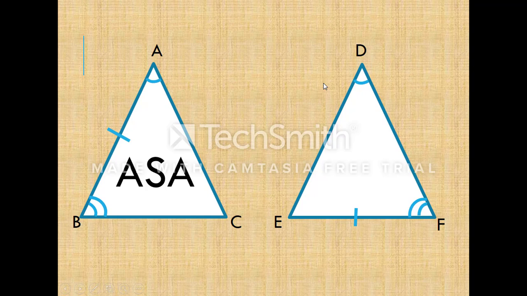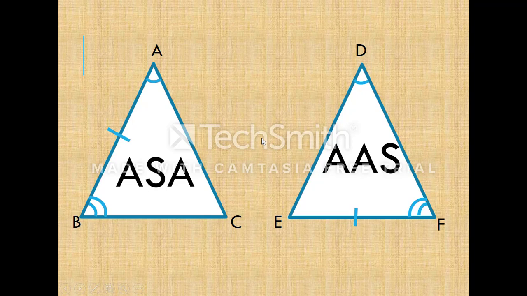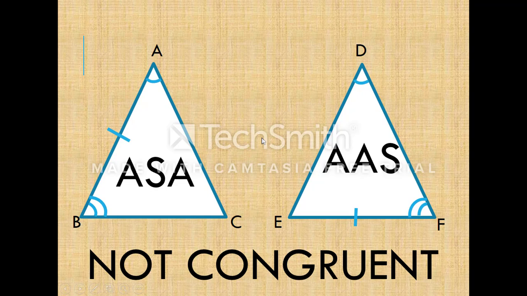However, in the second triangle, it's angle, then another angle, and then the side outside of it. Therefore, angle, side, angle, and angle, angle, side do not match. I can conclude that these triangles are not congruent. So, only when they have the matching postulate can I conclude that they are congruent?